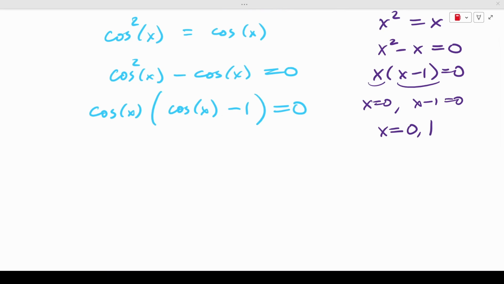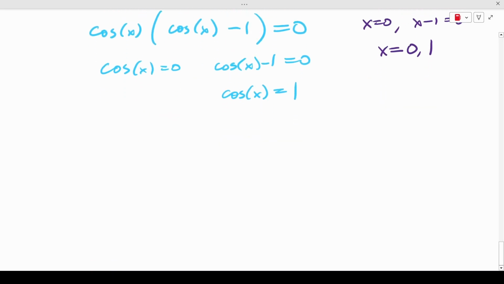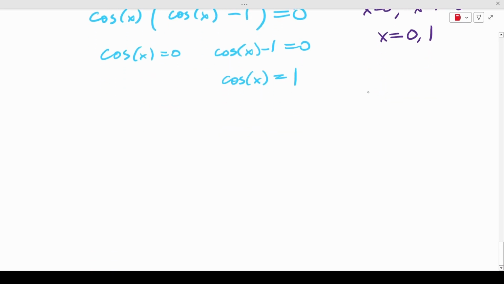Well, if cos x equals 0 or if cosine of x minus 1 equals 0, these are the two ways that this expression could equal 0. This I'm going to solve in a second. This, I'll just go one step further, add 1 to both sides. Here we are. And I can solve both of these just by looking at this sketch here.